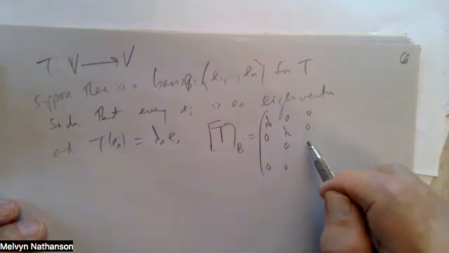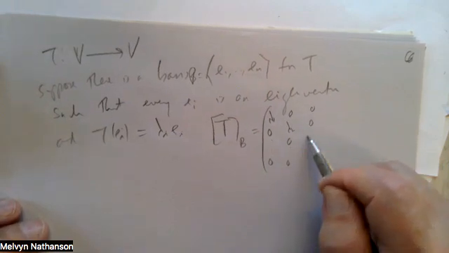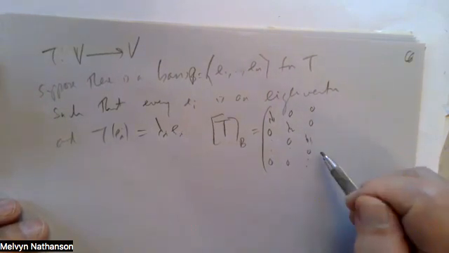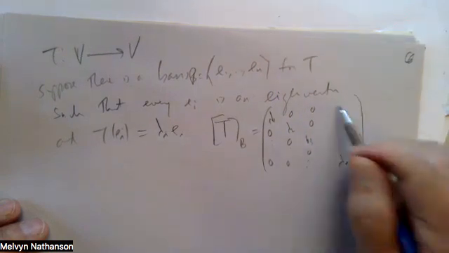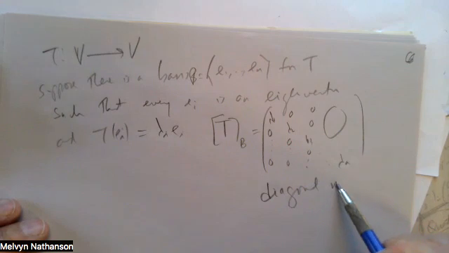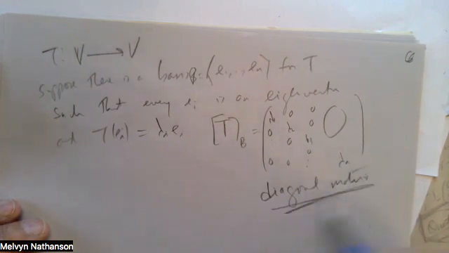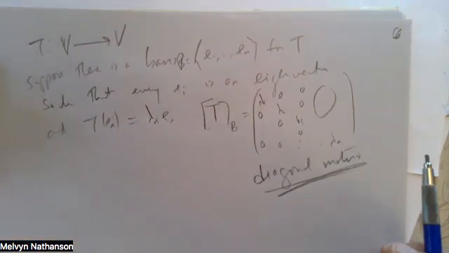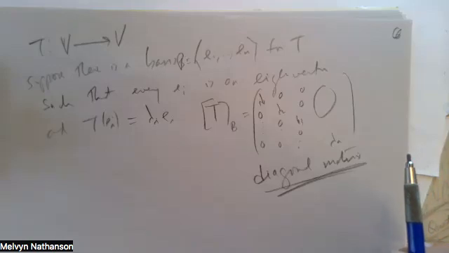The third eigenvector E3 goes to lambda 3 E3, and so on. What you get is a diagonal matrix, which is really the simplest kind of matrix there is for a linear transformation.